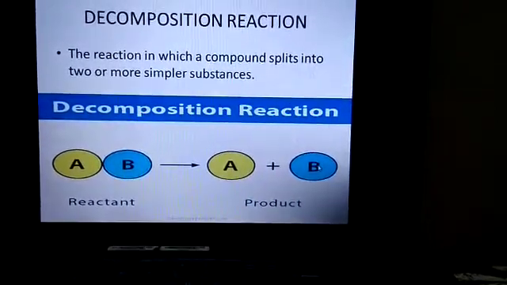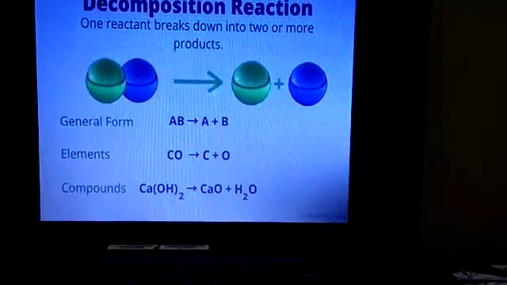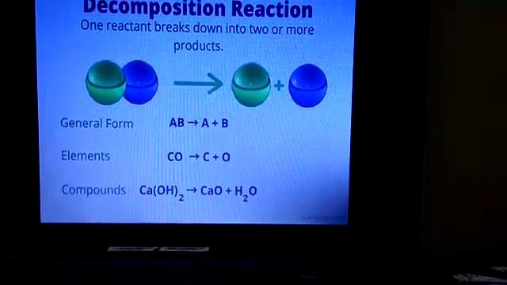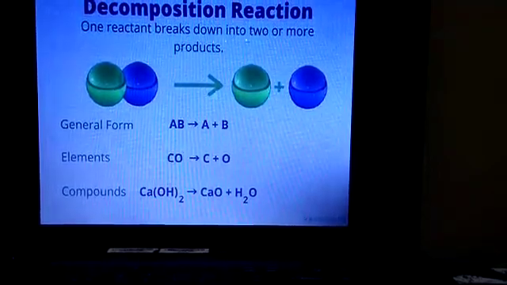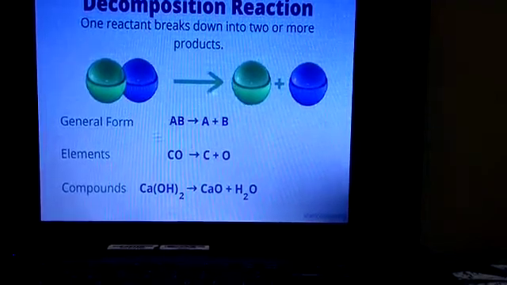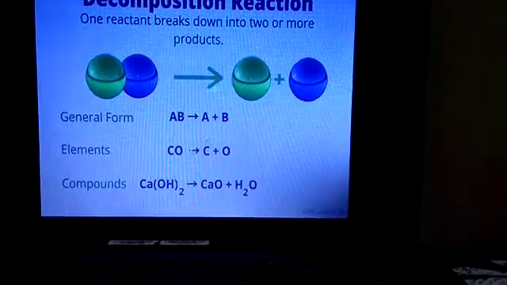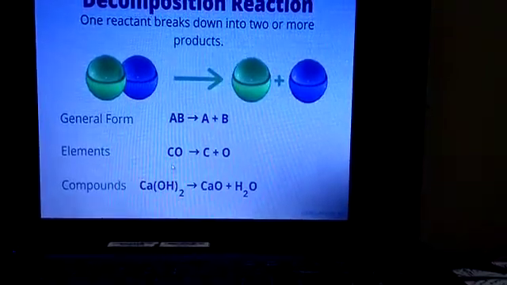Now see some other examples of decomposition reaction. As I said, in decomposition reaction, a reactant breaks down into 2 or more products, and its general form is AB splits into A plus B. Some examples are here.